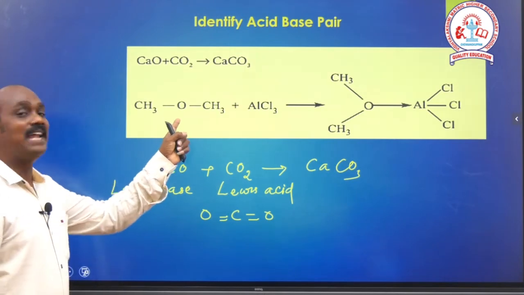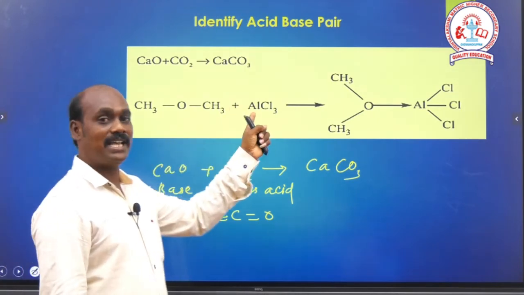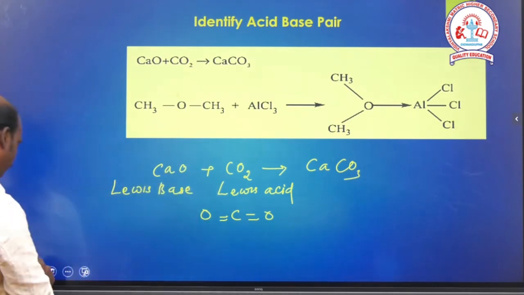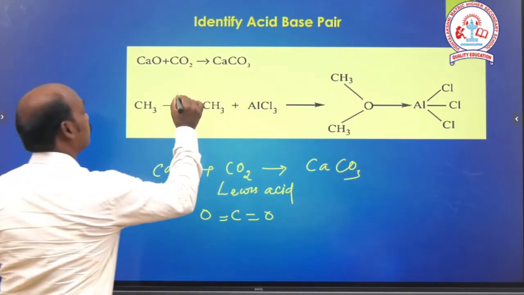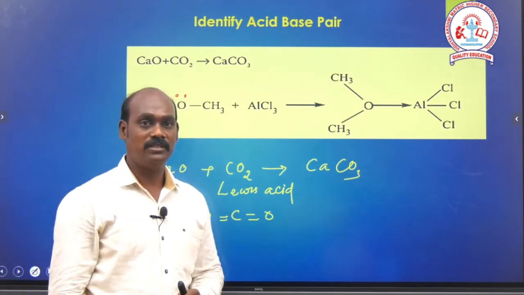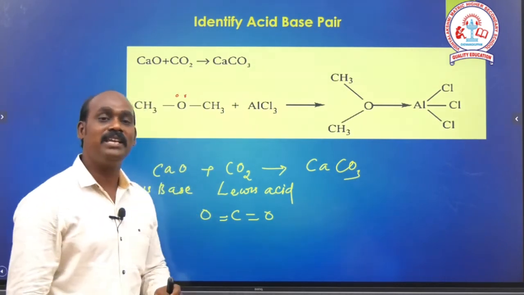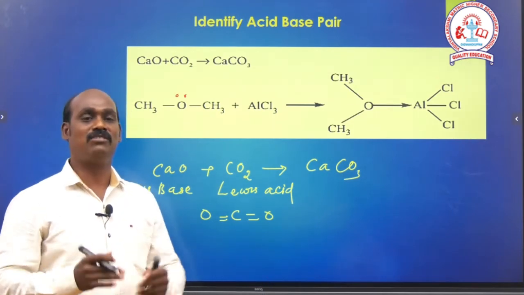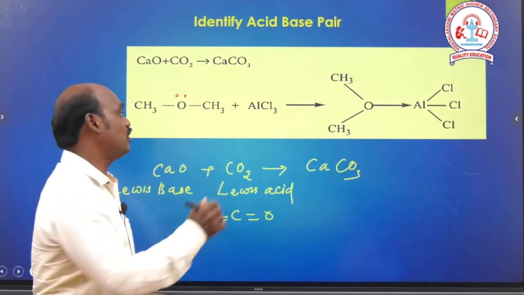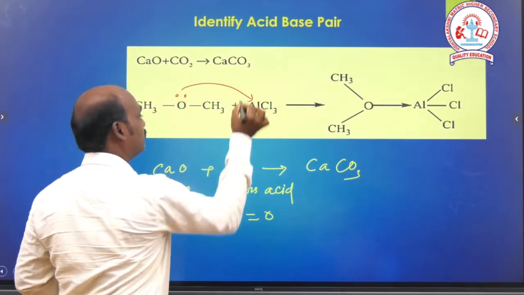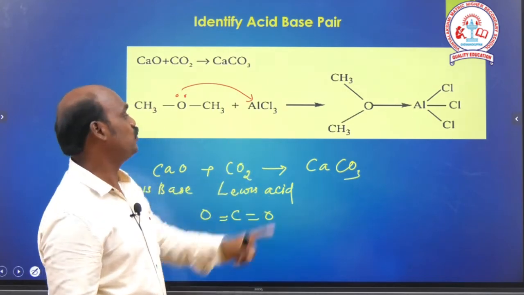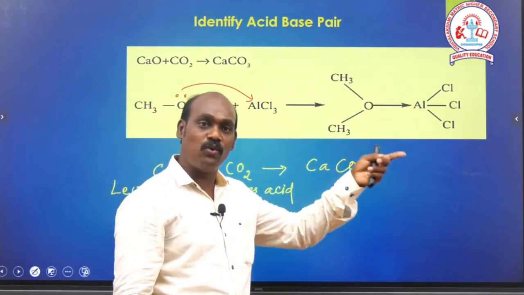So let us take the next example. Here this is dimethyl ether. This one is aluminum chloride. Here dimethyl ether, oxygen has two lone pairs of electrons. Okay, so here dimethyl ether has excess electrons, it is a more electron dense molecule, so it donates a pair of electrons to the aluminum chloride. Here aluminum chloride is the electron deficient molecule, so it forms a coordinate covalent bond.